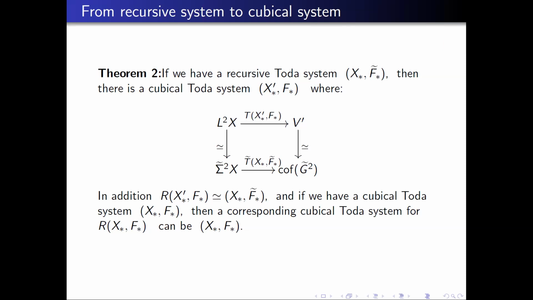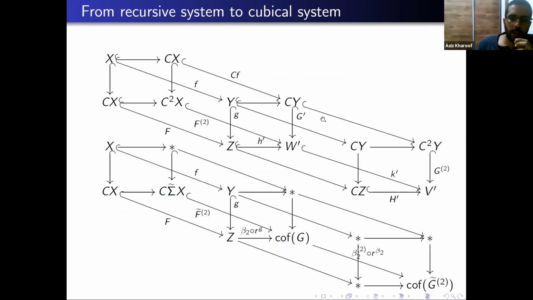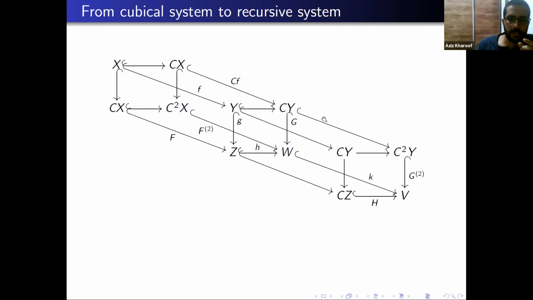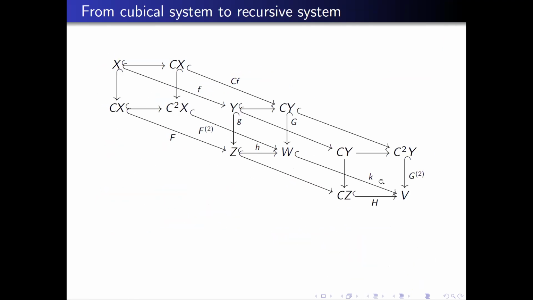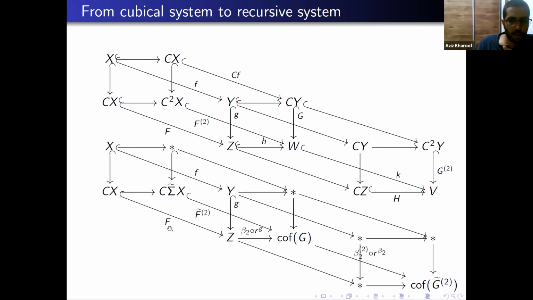What do you mean by "can be"? That leaves it kind of ambiguous. You say that a corresponding cubical Toda system can be... Yeah, can be, because if you have a cubical Toda system, and you now apply R and choose, you get a recursive Toda system.